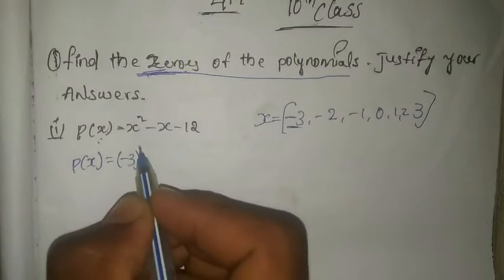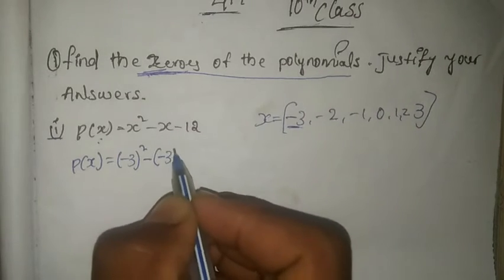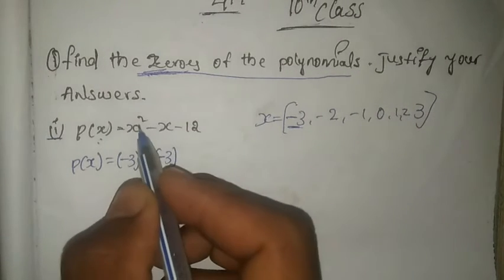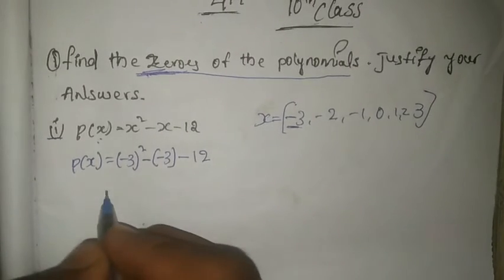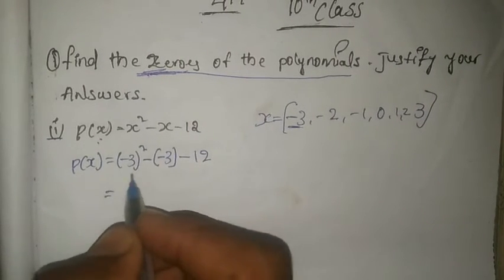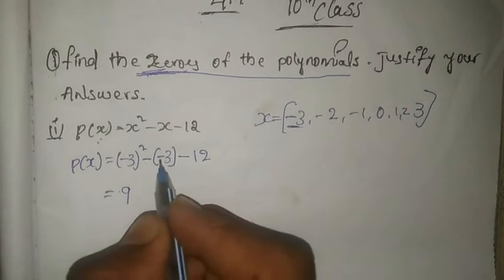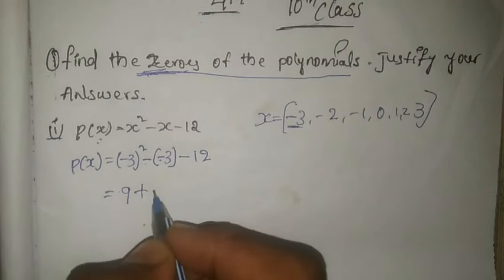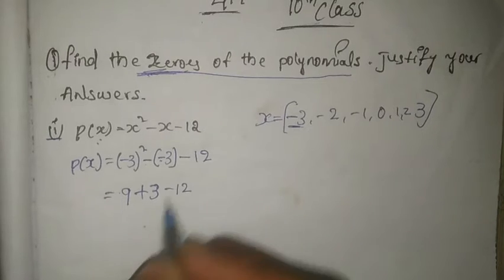So minus 3 whole square minus, and this is also minus, not square because there is no square, and minus 12. Now calculate minus 3 whole square, that is plus 9, and minus into minus is plus, so plus 3, minus 12 as the usual constant.